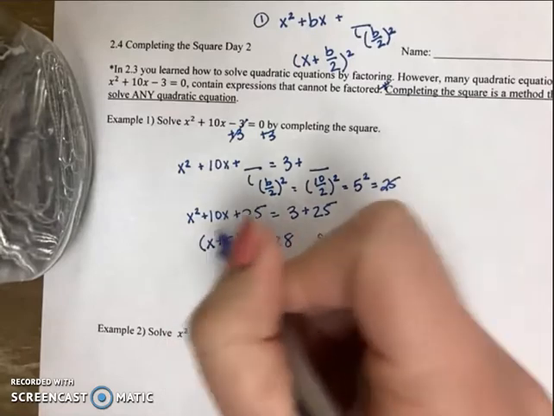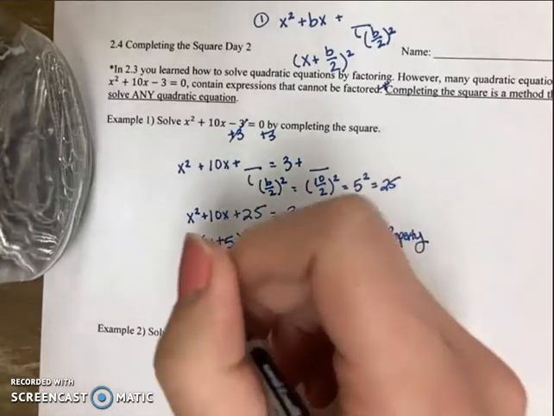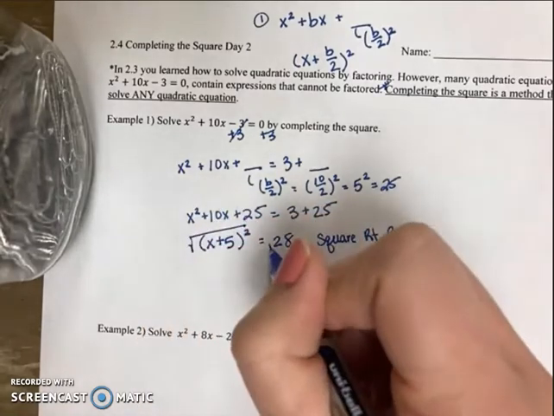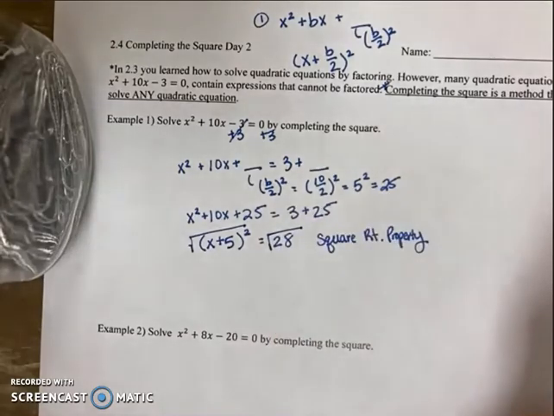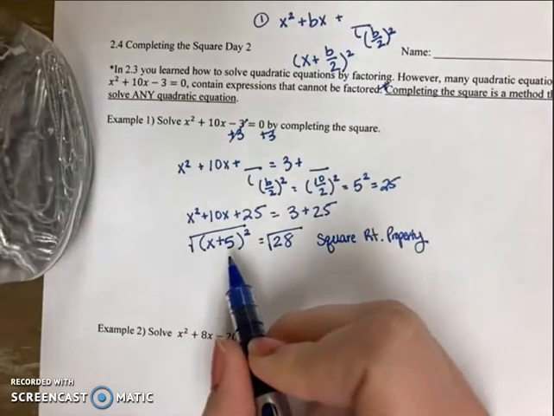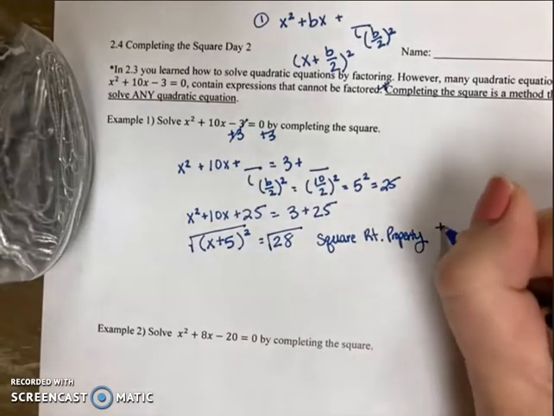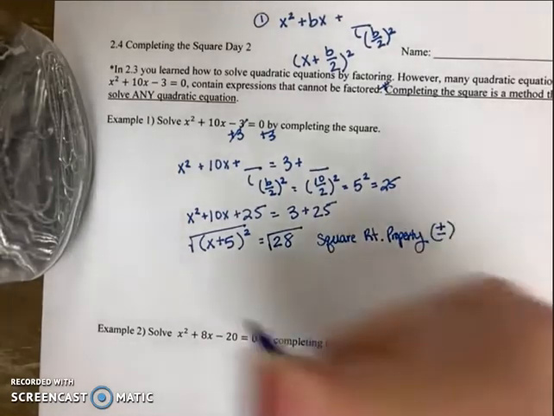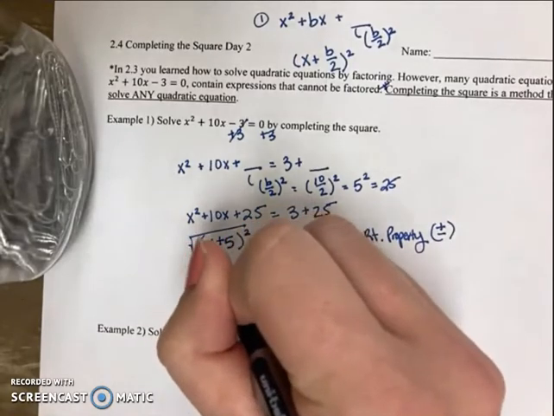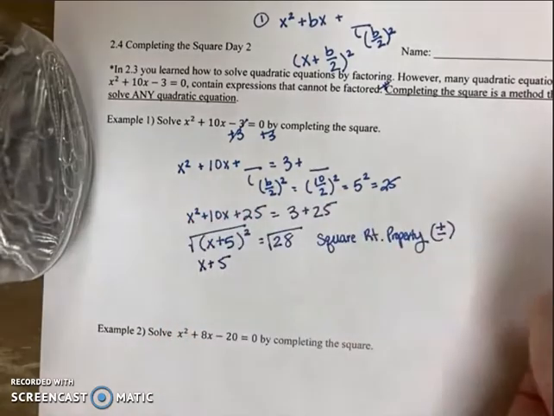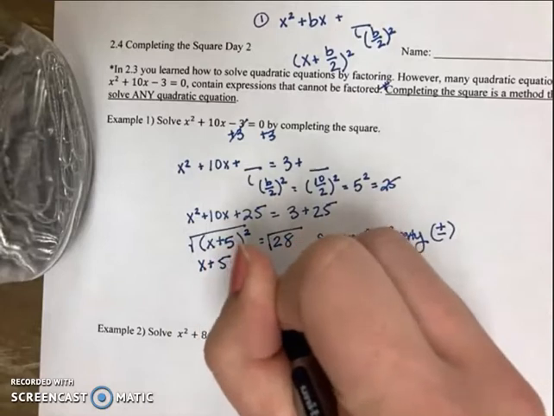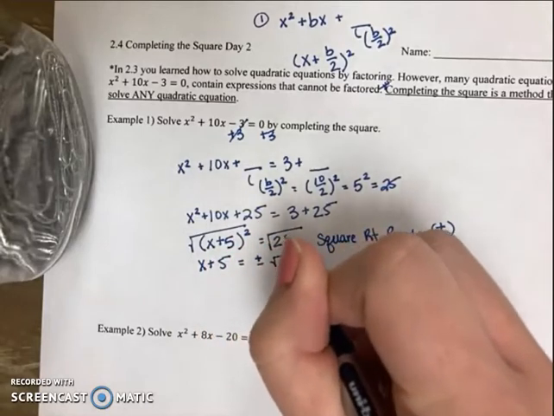So the thing that's being squared is already by itself. So I can go ahead and take the square root of each side. Remember, every single time we take the square root, we need to put a plus or minus. So I have x plus 5, because the square and square root cancel out, equals plus or minus the square root of 28.